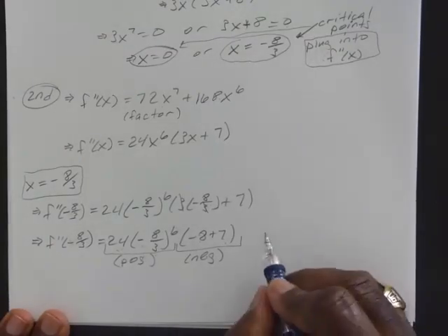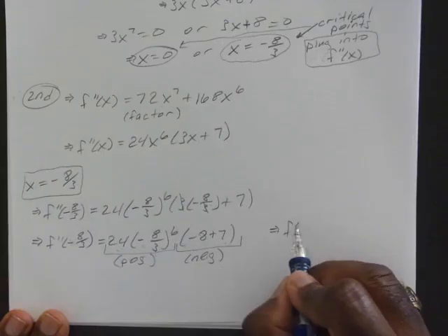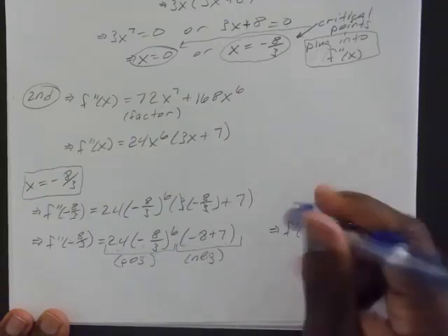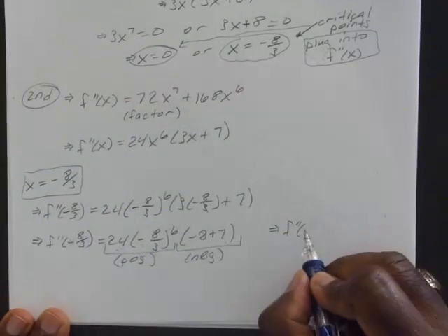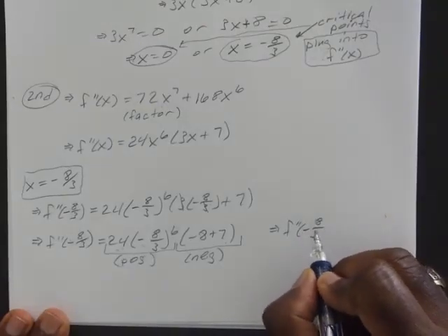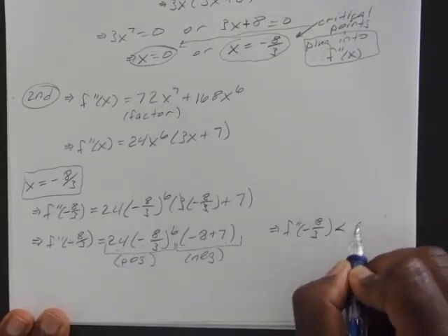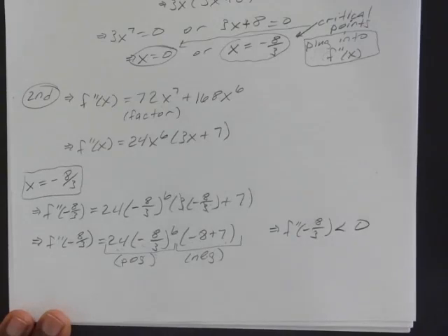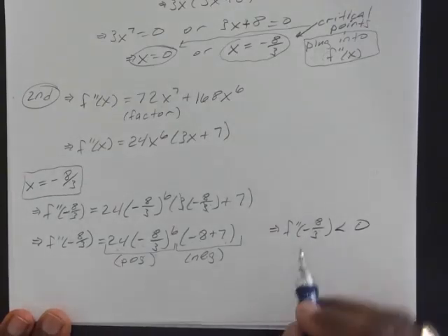So we don't even have to work all of this out. We just need to know whether it's positive or negative. At negative 8 over 3, we know it's less than 0. So we know at that point, it's concave down.